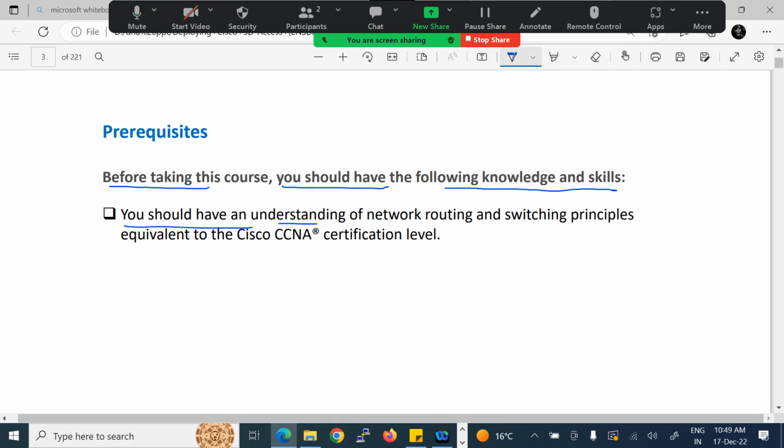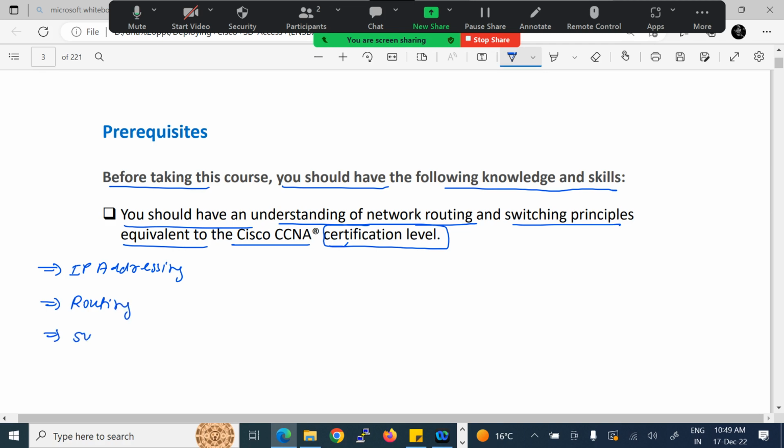You should have an understanding of network routing and switching principles equivalent to the Cisco CCNA certification level, because in this course we will not be talking about IP addressing, how routing works, or how switches work.